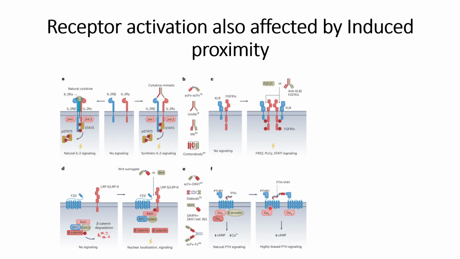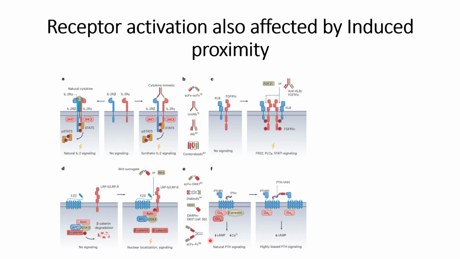But when these PTH receptors are far away from each other, induced proximity can be used. Synthetic PTH ligands can be used, such as PTH VHH, that can help in the interaction of these two receptors, and it will cause G alpha S activation in the downstream part, and it will only lead to the activation of cAMP, not Ca2 plus.